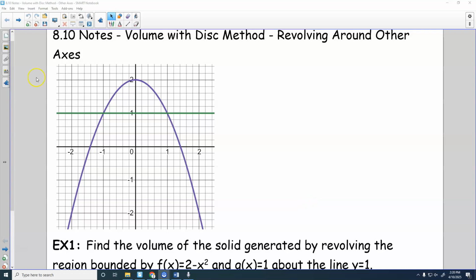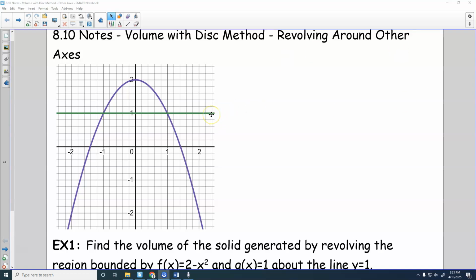All right. Okay. Today we're going to talk about revolving around other axes. So there's still going to be either vertical or horizontal lines. I guess things could be revolved around a diagonal line, but I do not know how to do that. I think that would be a lot more complicated and nothing that we are going to be expected to do.